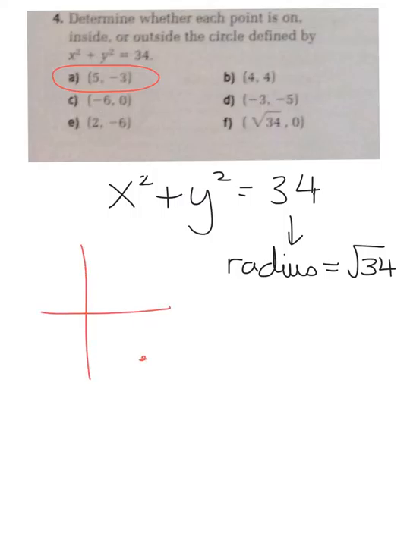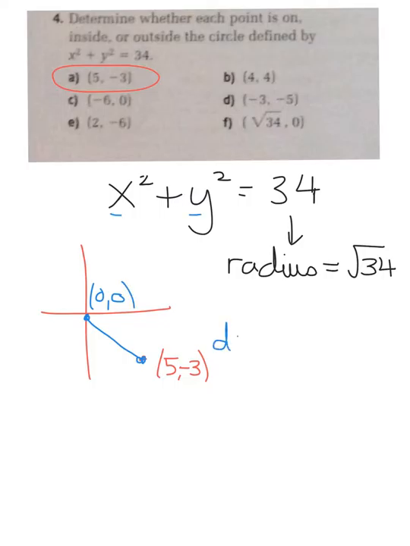5, negative 3 is about down there. So we have to find this distance here and to see whether that is going to be equal to root 34, greater than or less than. And we know that the origin is the center of this circle because we've got x squared plus y squared.